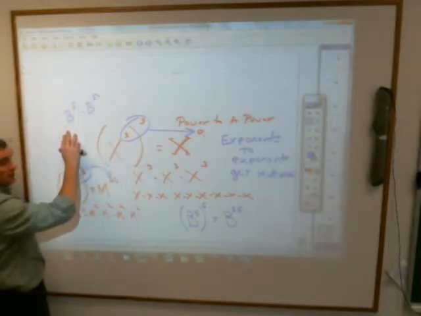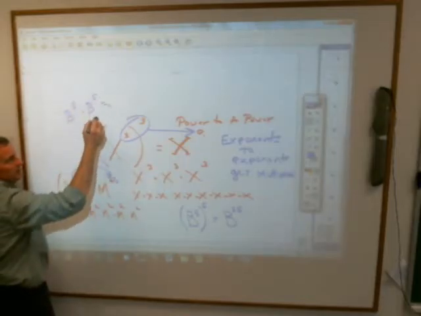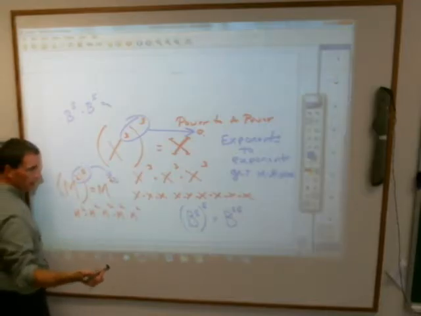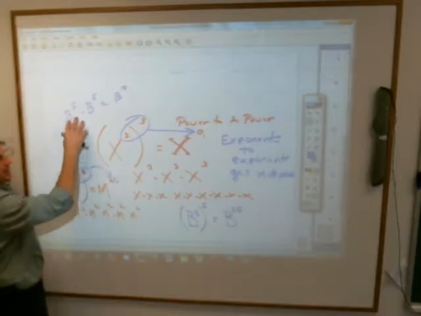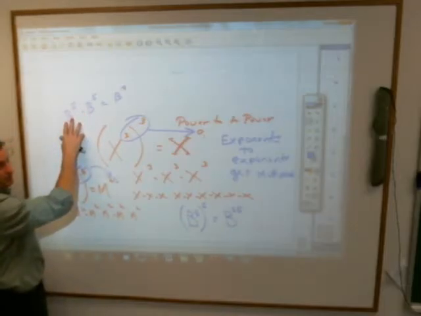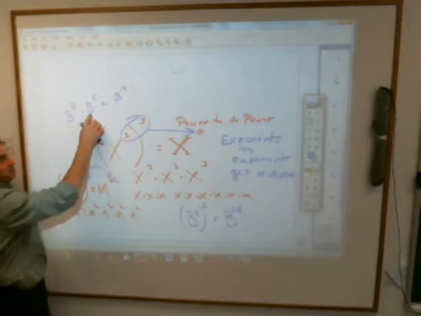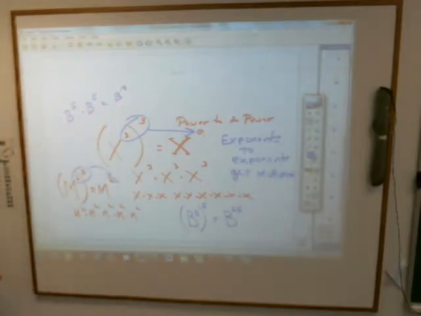This is same bases getting multiplied. The answer to that is b to the 10th power.